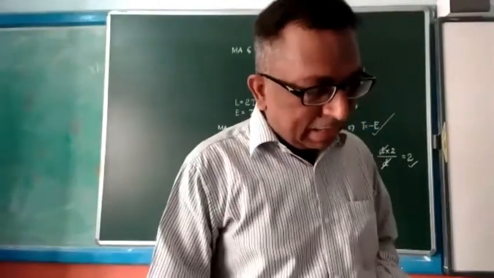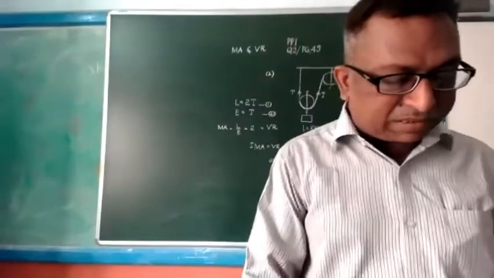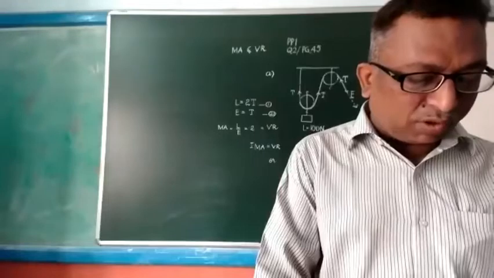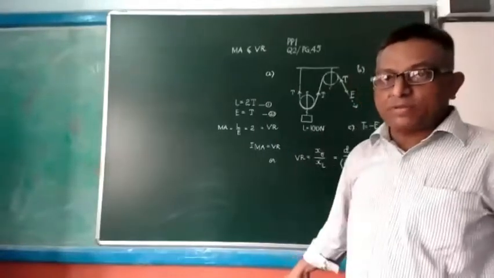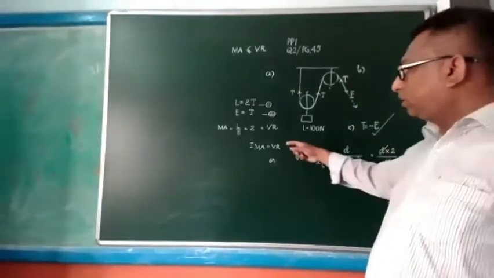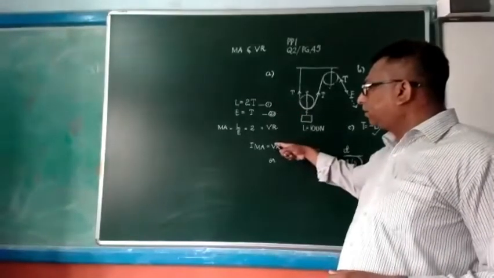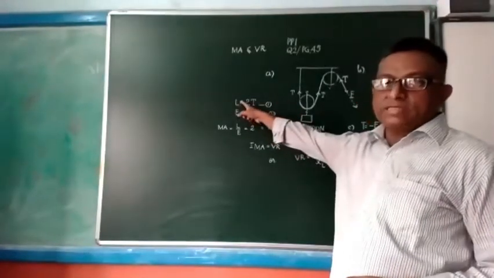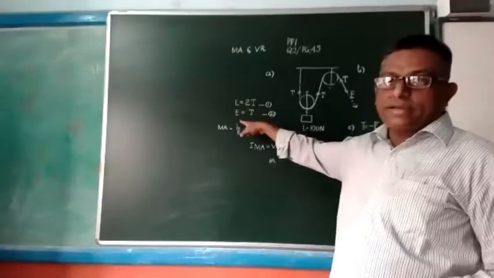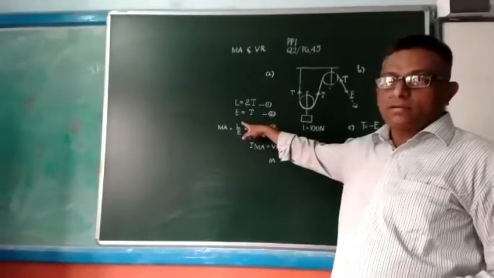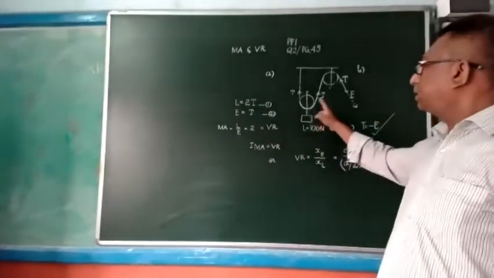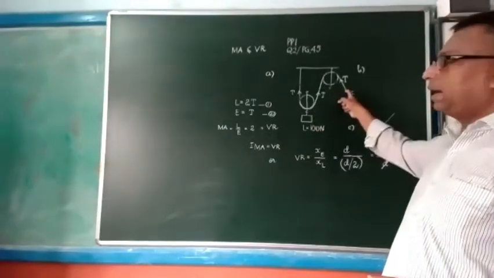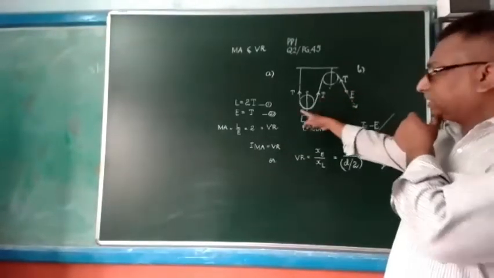Yes, assuming efficiency is 100%, what is the mechanical advantage? It is already explained. Clear? So first I wrote an equation at this end, at this point, and at a free end. This is the bound end.